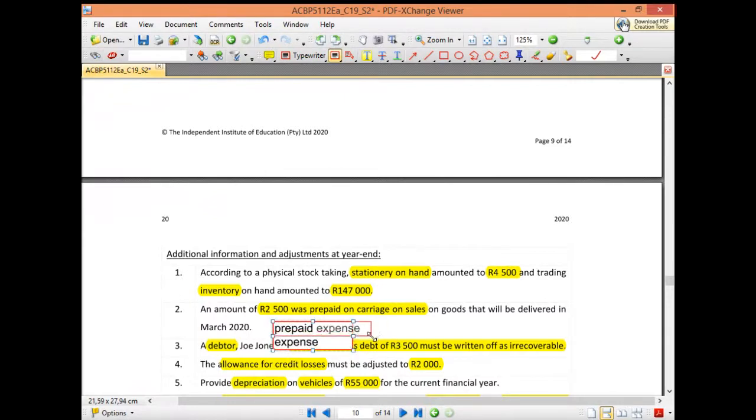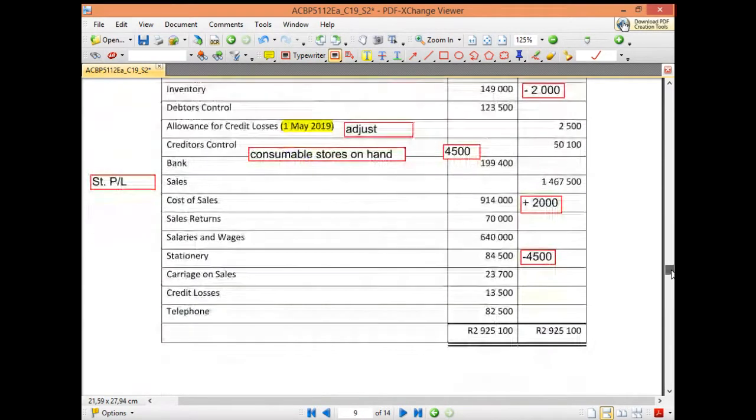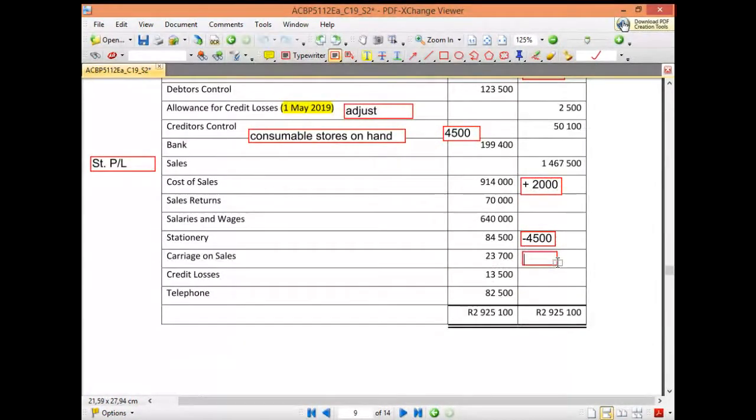So what we have to do for prepaid expenses, you have to reduce the carriage on sales with the 2,500, and then I'm just going to do the adjustments here at the top, we would have a prepaid expense of 2,500, which would be a debit.